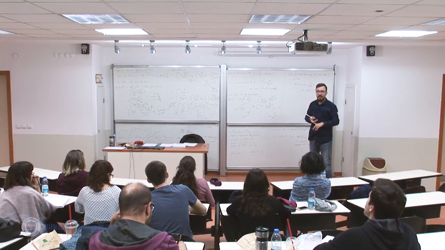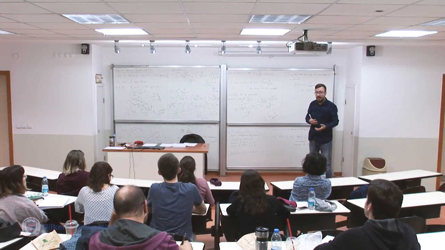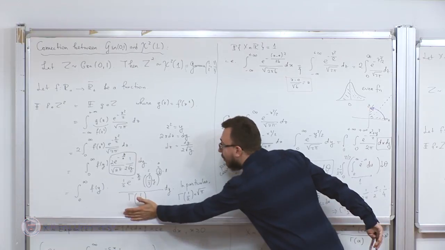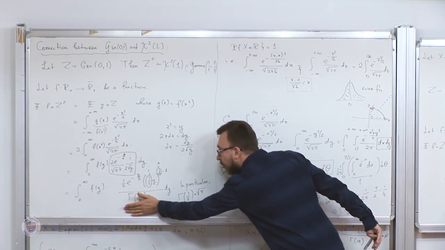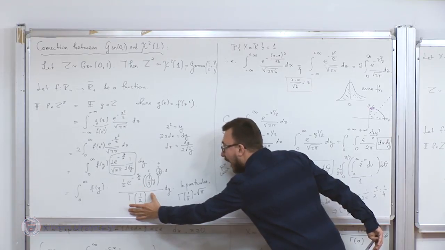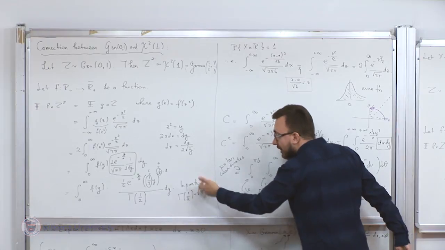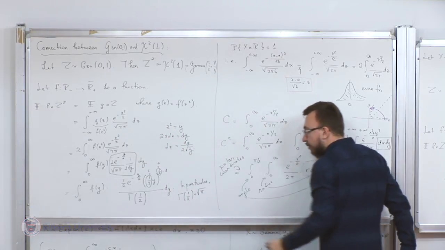Plus, since it has to be gamma, it is already in the form of gamma, the denominator can only be gamma of 1/2. Otherwise, this cannot be a probability density function. So for this to be gamma, I must have that gamma 1/2 equals square root of pi. So as a byproduct, we proved that gamma of 1/2 is square root of pi.